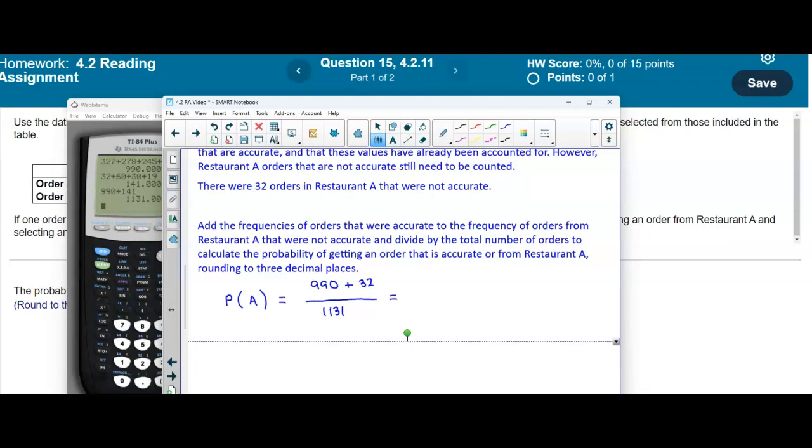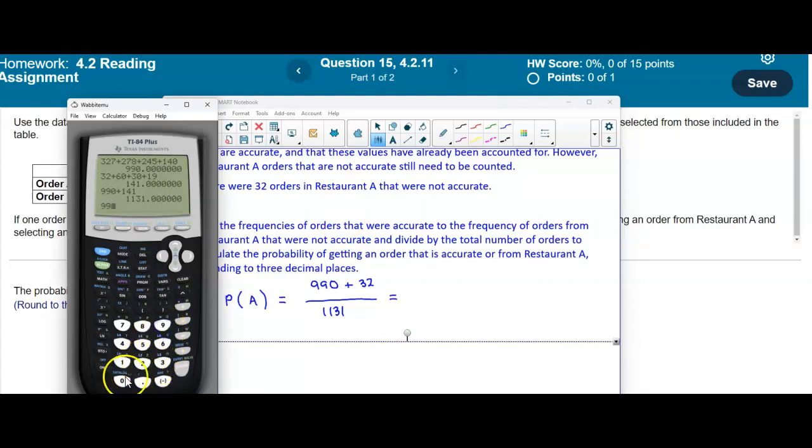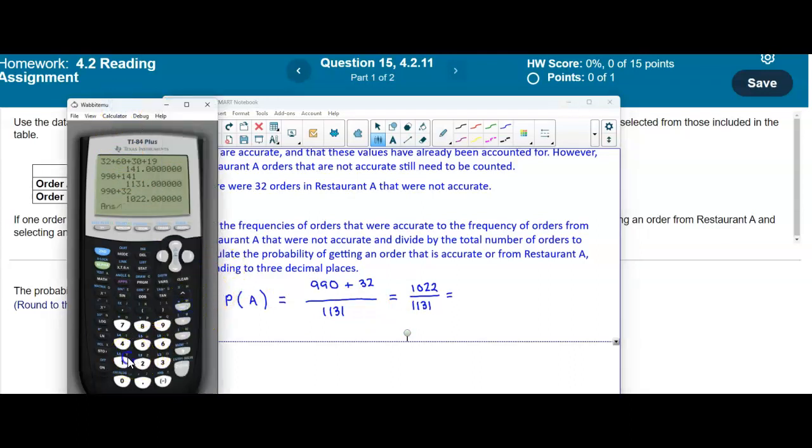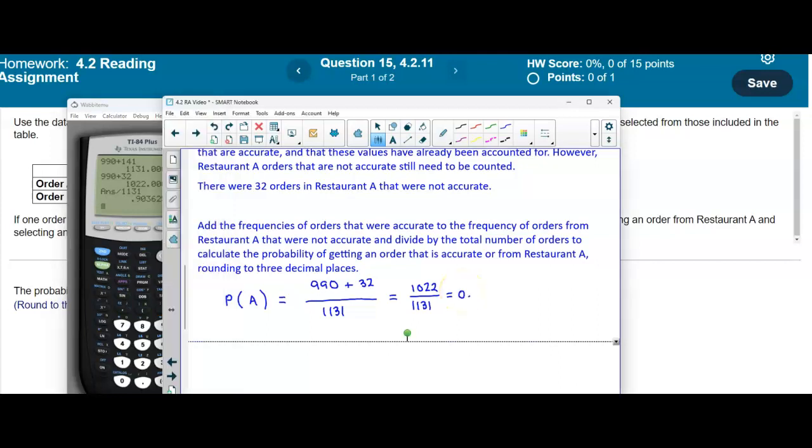When we add these together, 990 plus 32 gives us 1,022. And then we divide that by 1,131. And so we get 0.90362.